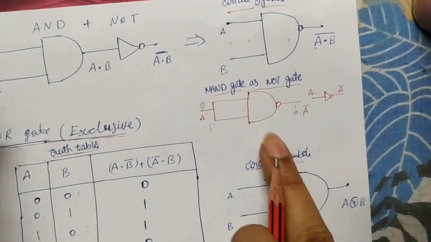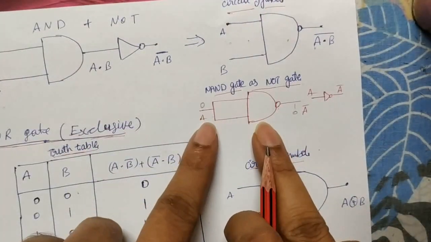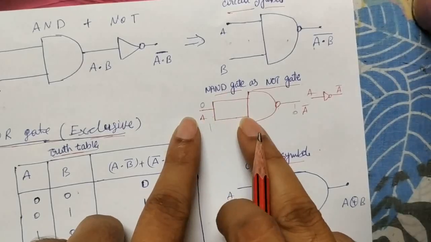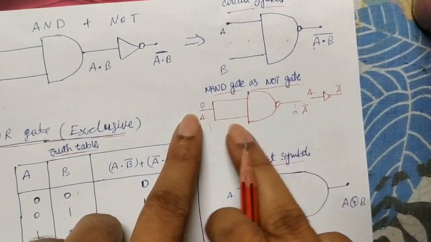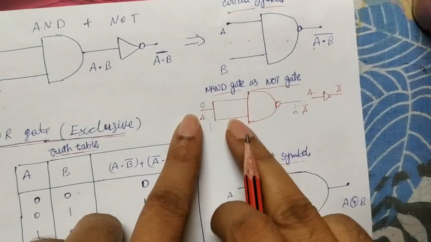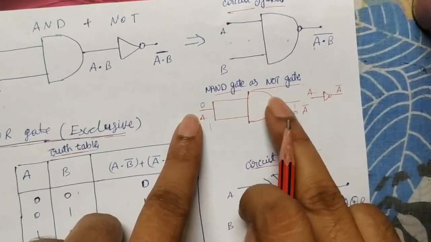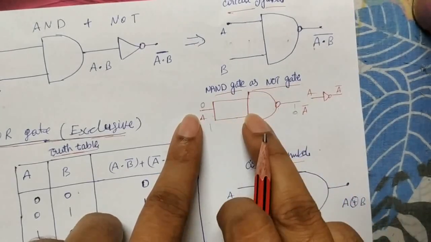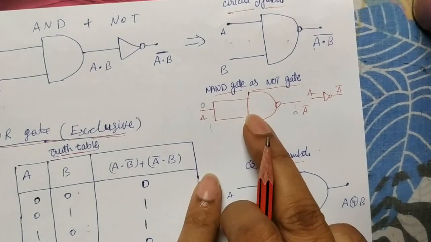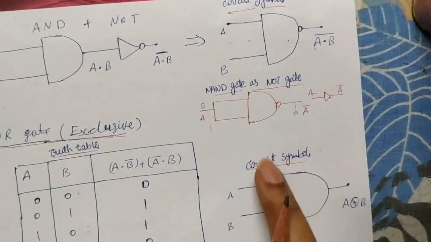So in the NAND gate, when both inputs are joined together, the output behaves like a NOT gate. The total circuit behaves like a NOT gate. The NAND gate is used as a NOT gate by joining two inputs. This is about the NAND gate.